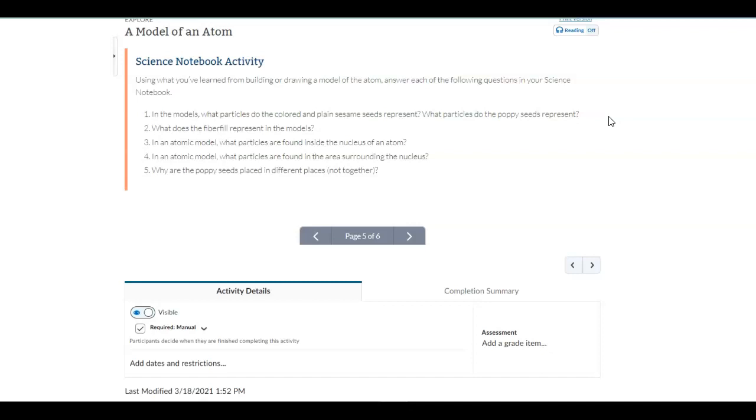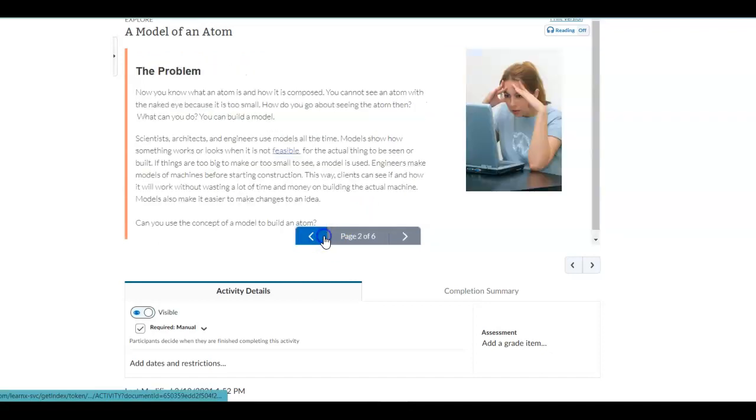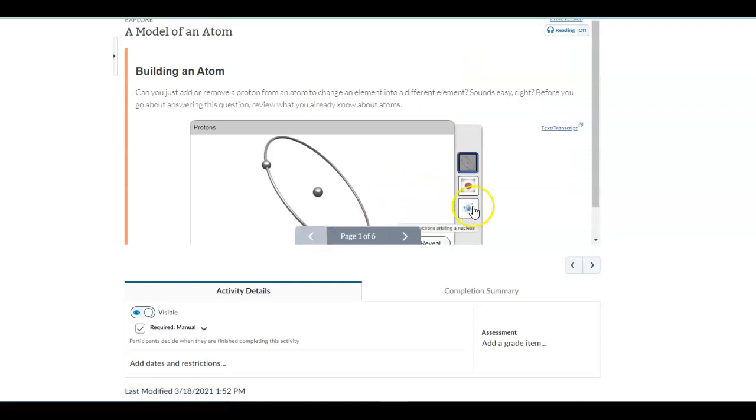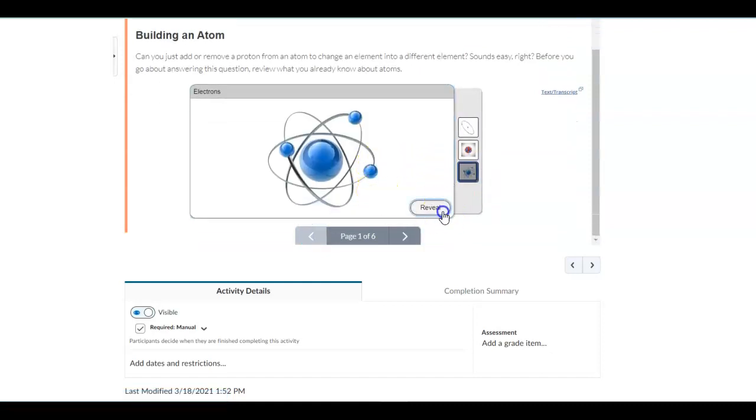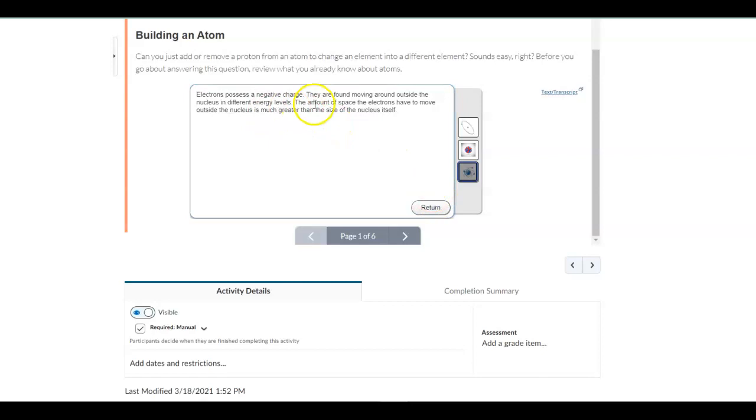It's talking about the electrons. If you go back to this slide, it says that they are moving around the outside of the nucleus in different energy levels. So that's why they're not placed together.